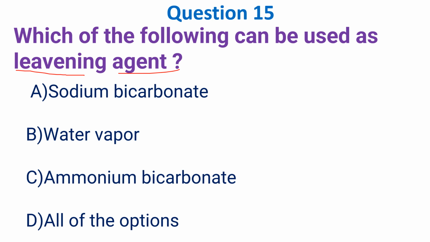Examples of leavening agents are baking soda, baking powder, whipping agents, whipping eggs, egg white, cream, active or instant dry yeast, even steam, ammonium bicarbonate and sodium bicarbonate. These are the examples of leavening agents.